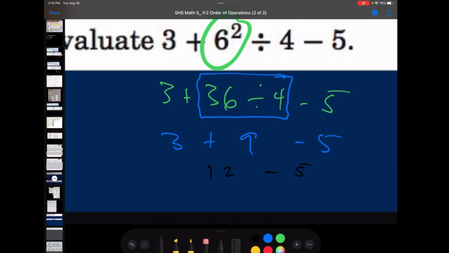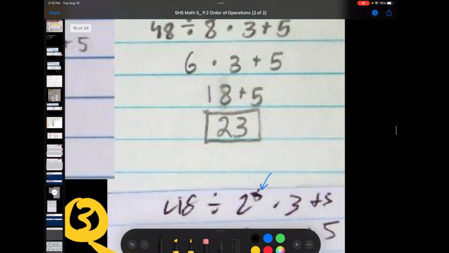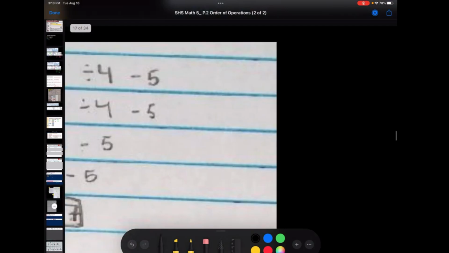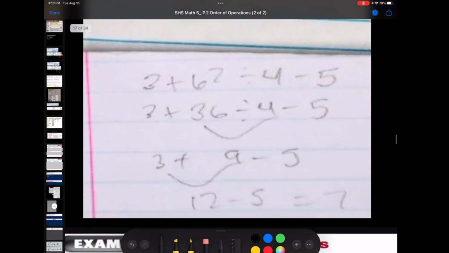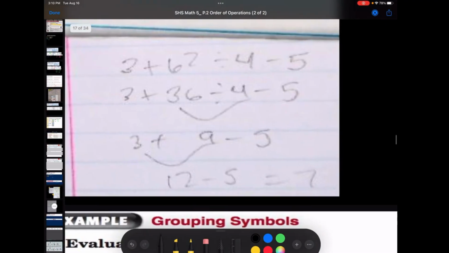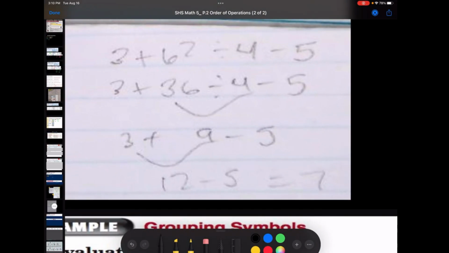And 12 minus 5? Raise your hand if you got 7. Okay. Let's see what these students did. Is that one okay? Yeah, it looks good.